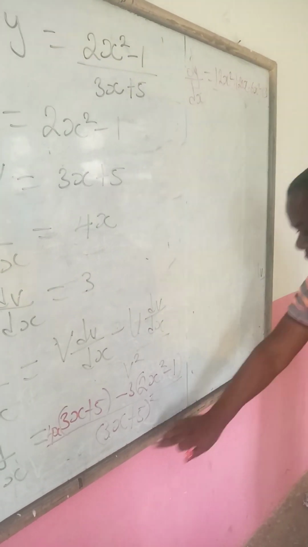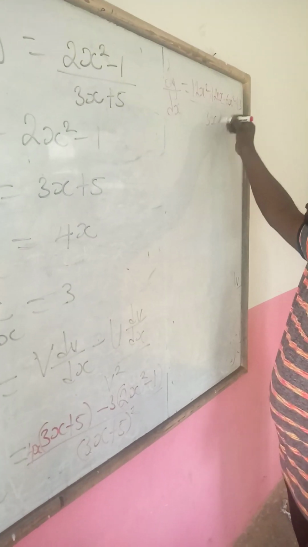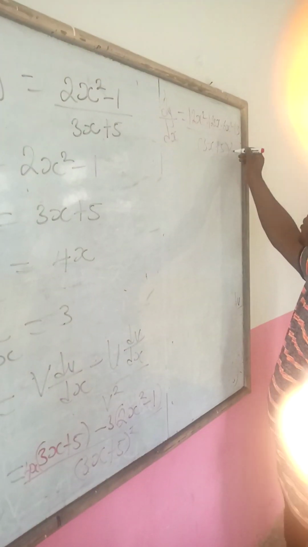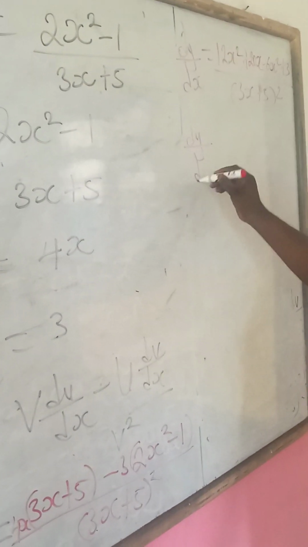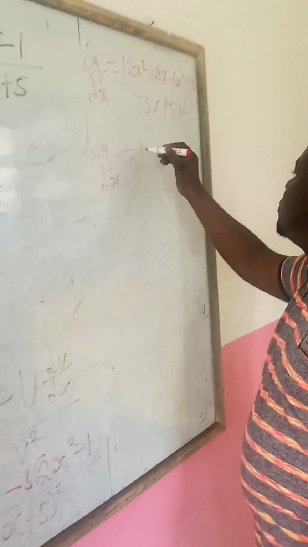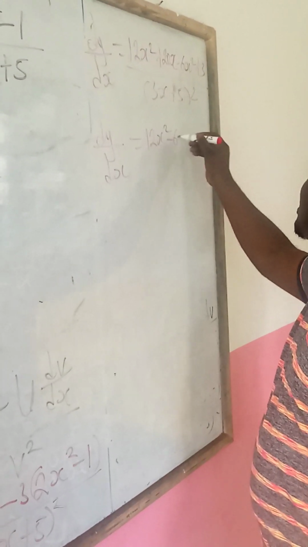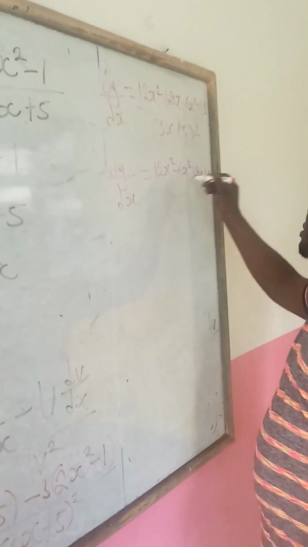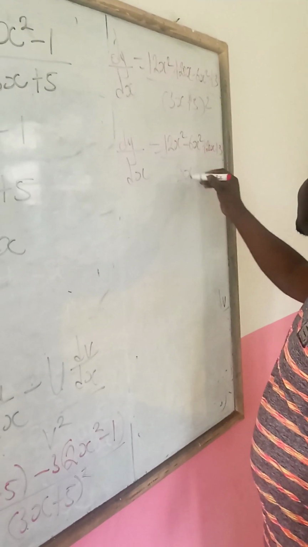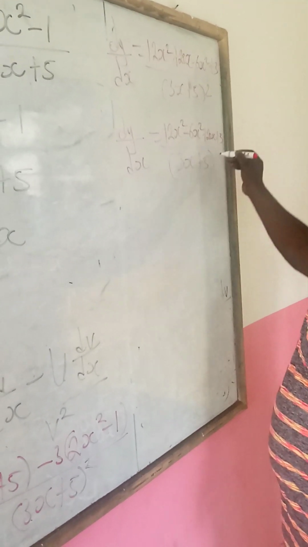All divided by 3x plus 5 squared. Let's go like this. So our dy dx equals 12x squared minus 6x squared plus 20x plus 3, all divided by 3x plus 5 raised to the power of 2.